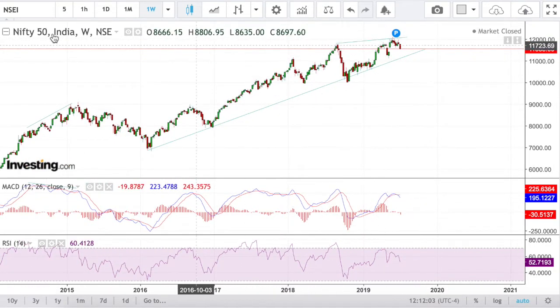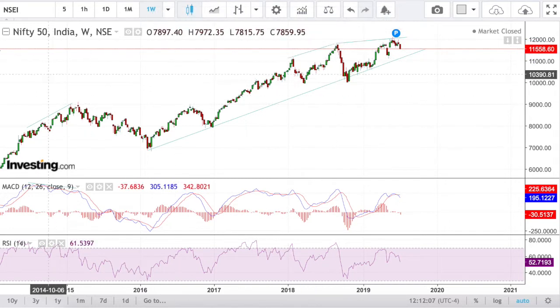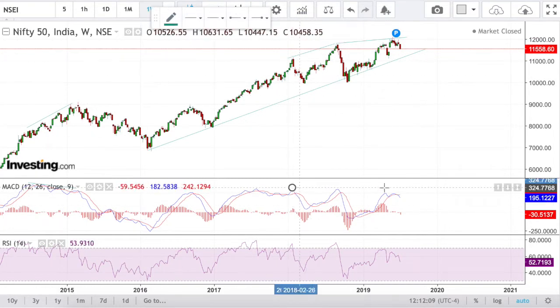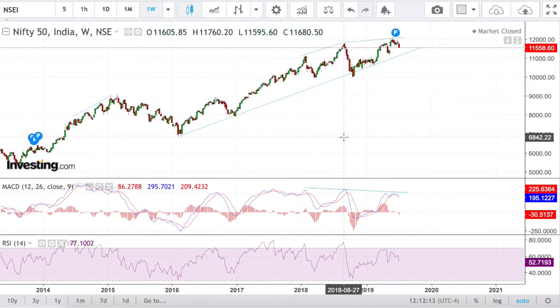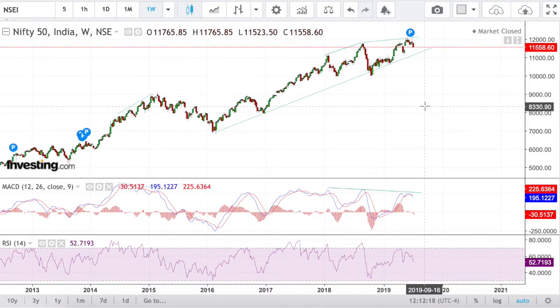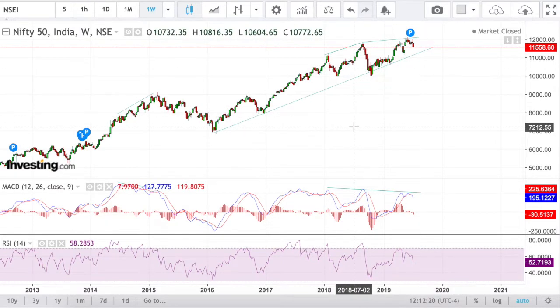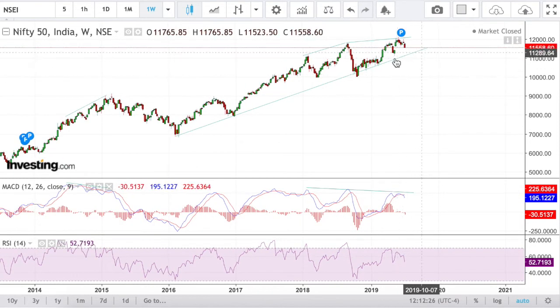We have two sets of divergences here. Will this time be any different? I guess we'll wait and see. But in my preferred scenario, I think this is what's going to happen, and I may trade this. I'm not used to trading the Nifty, but I definitely will trade if I see some potential opportunities to the short side.